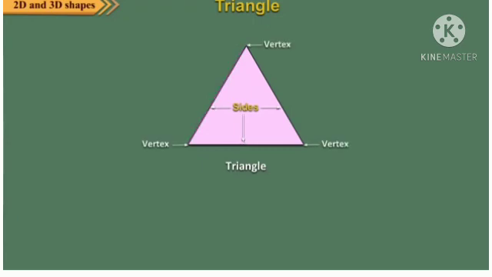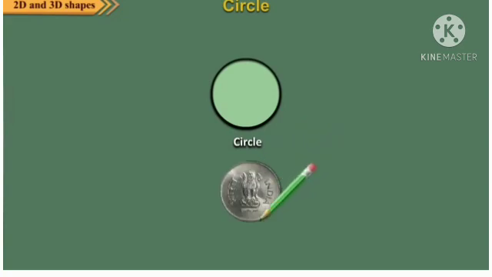It has 3 vertices or corners. Circle. A circle has no vertex. It is a closed loop. It can be traced with a 1 rupee coin, carom coins, etc.